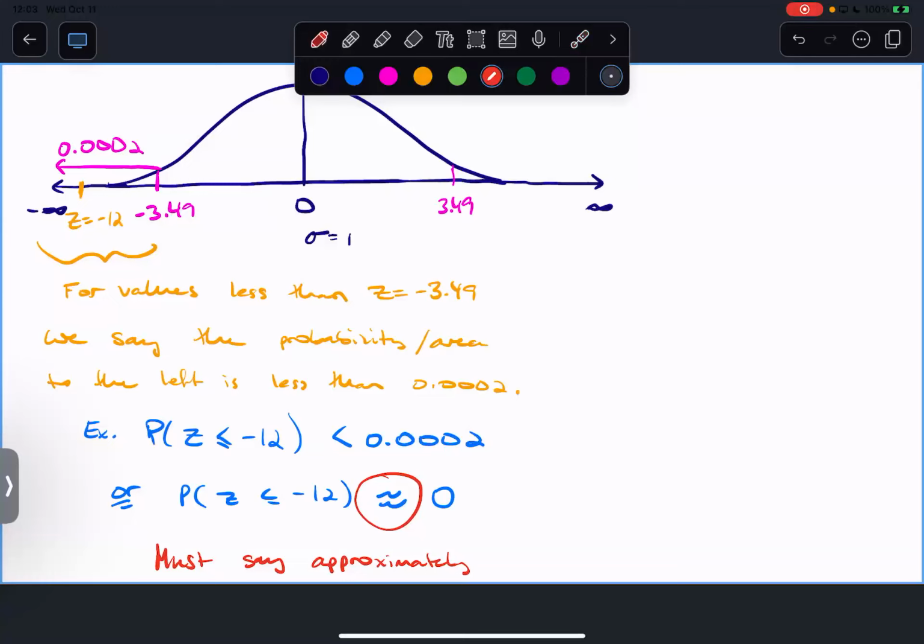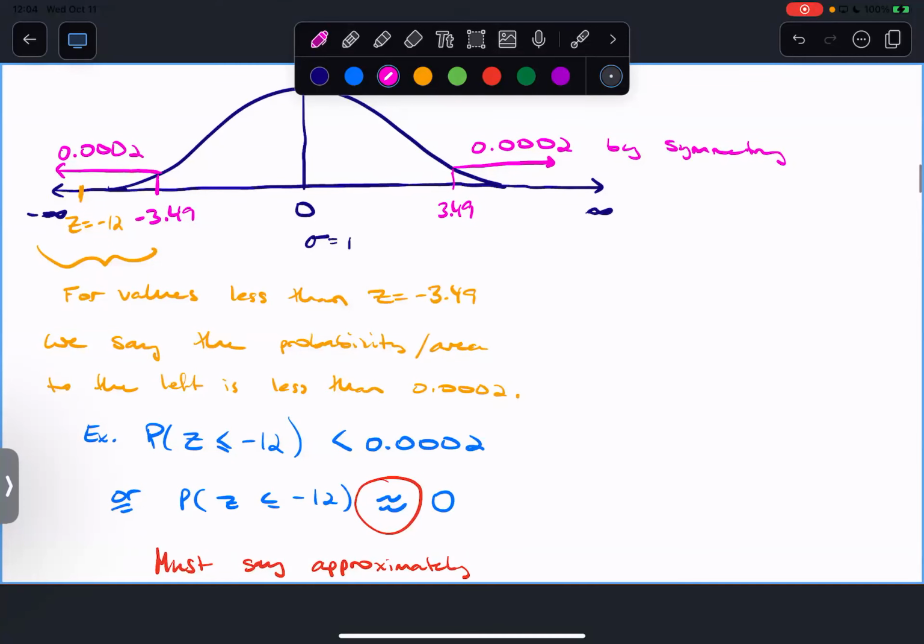So then by symmetry, this must also be 0.0002, which we can leverage as well. If I have the same Z-score because it's centered on 0, just a positive and a negative version, then I know the other side as well, which is what some Z tables have said. Well, if I give you one, you know the other one, right? Just by symmetry, you know? But I'll be using this one.